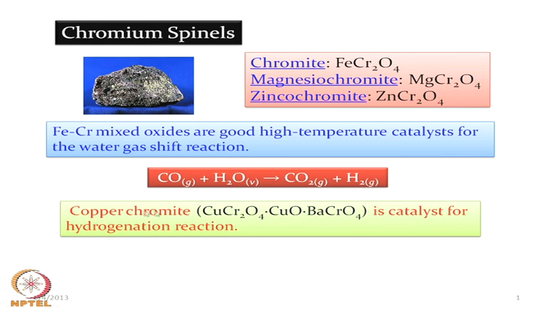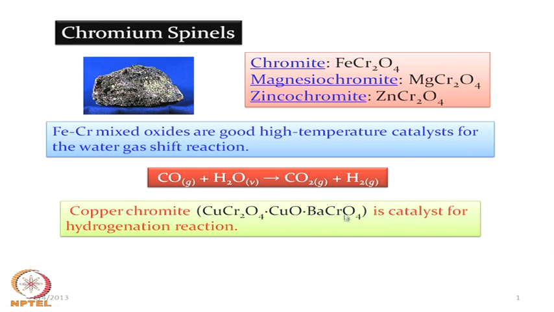So, one such example is not typically a corresponding copper chromite formulation like CuCr2O4, but it has something more. So, it is a mixed oxide structure where we can have copper chromite, copper oxide and barium chromate.